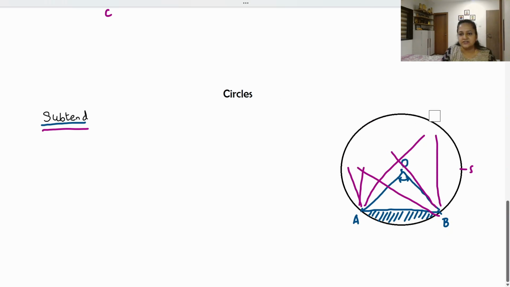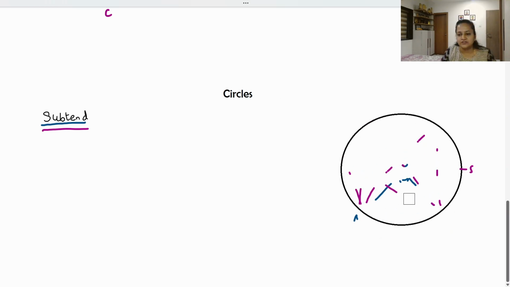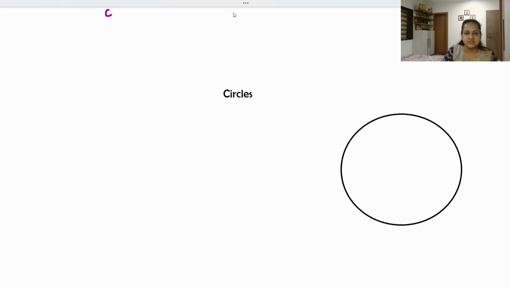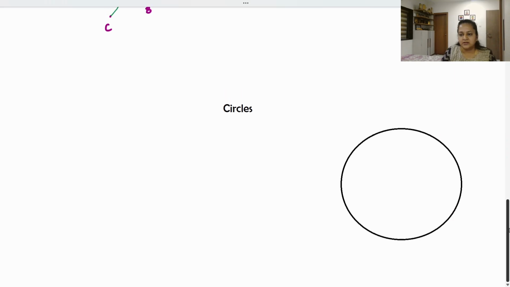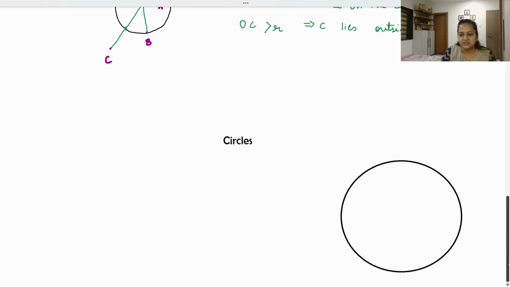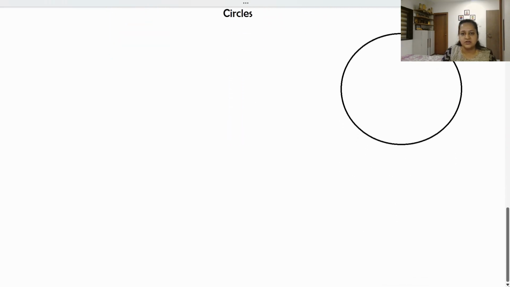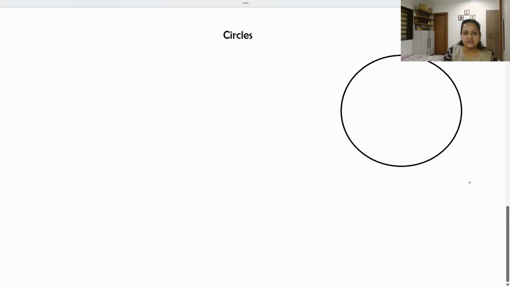Let's understand the various theorems now. Let's look at the first theorem. The first theorem states, if in a circle we have two chords which are equal, the two equal chords are going to subtend equal angles at the center.